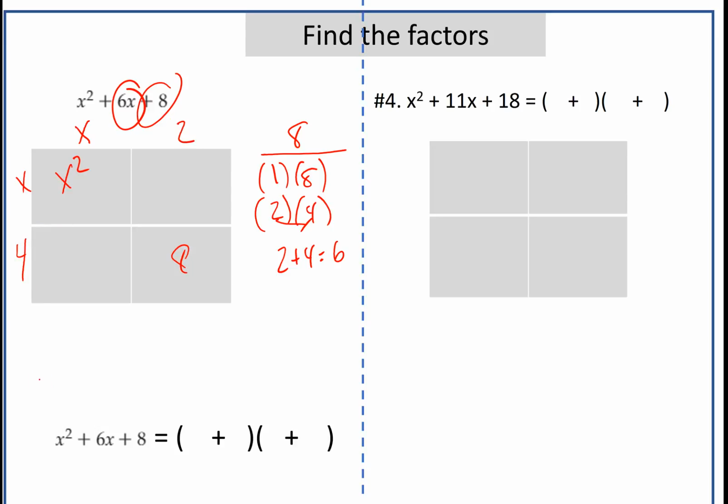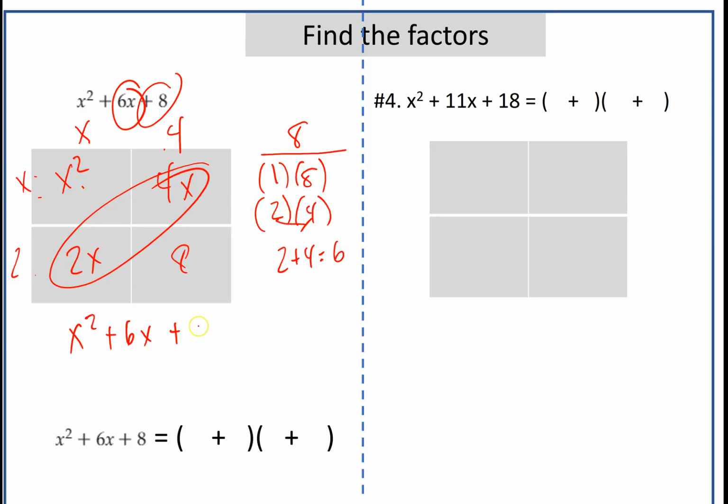It doesn't matter where I put it. I can put that there, 2x, 4x, or I could have put 2 here and 4 here. I still would get 4x, 2x, I'd still get my 6. So that gives me x squared plus 6x plus 8. So my answer is x plus 4, x plus 2.